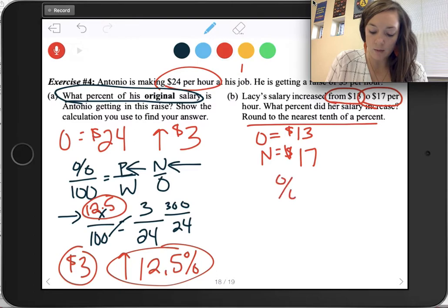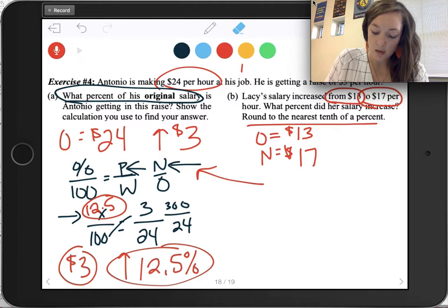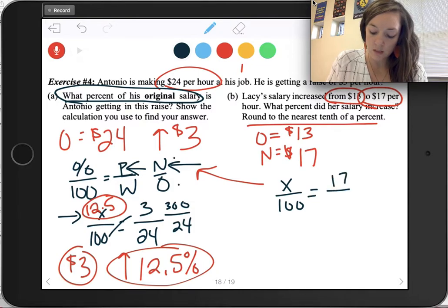Well, now when I write my proportion, percent over 100, I do not know my percent, so I'm going to put an X for the percent. And new over original, my new is 17, my original is 13.